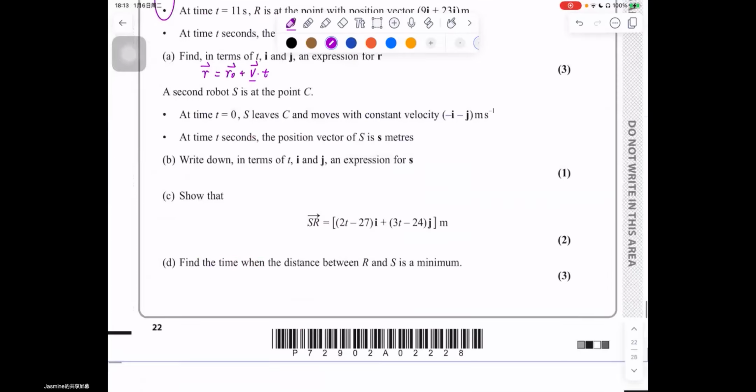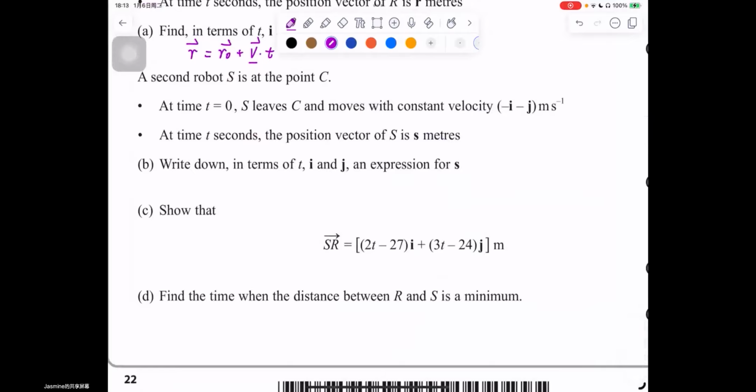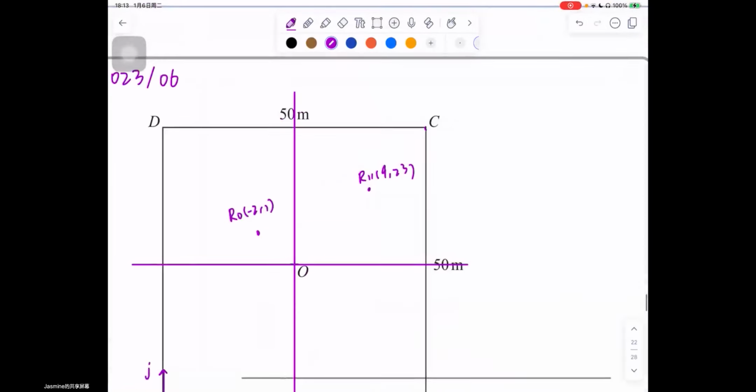Okay, now move on to part B. A second robot S is at point C. So we can just label it, S is here. And what do we know about the coordinates of S? It's 25, 25.